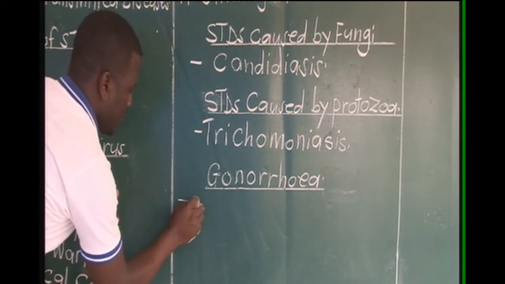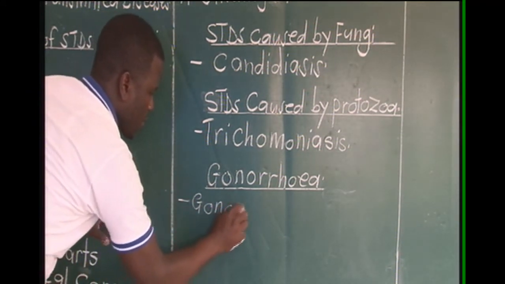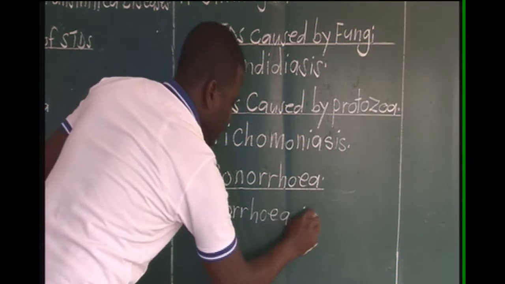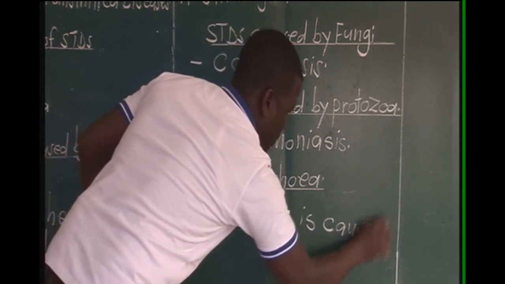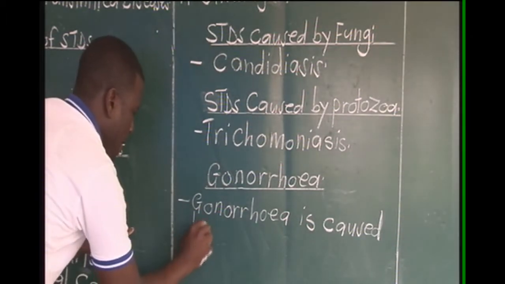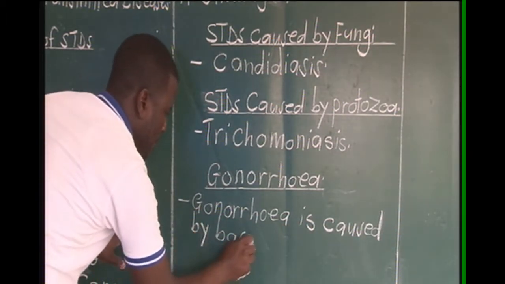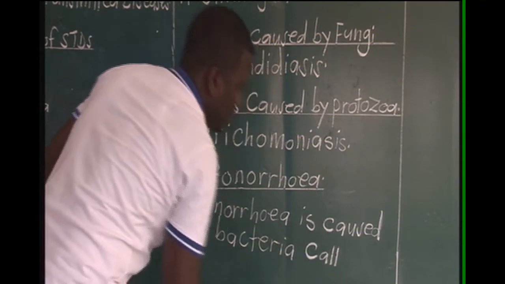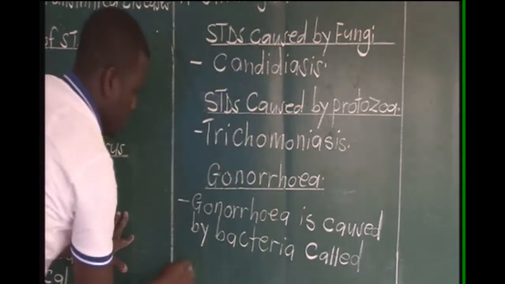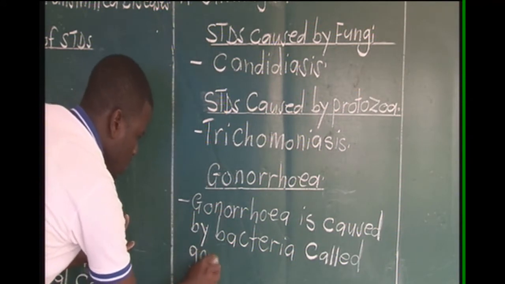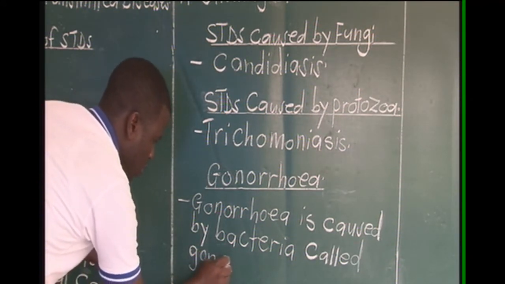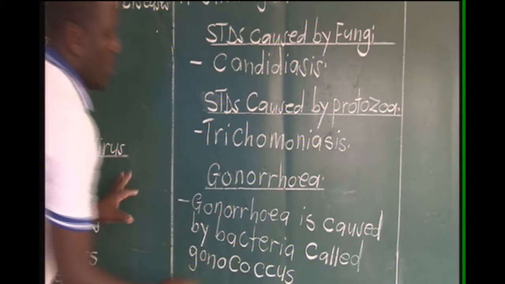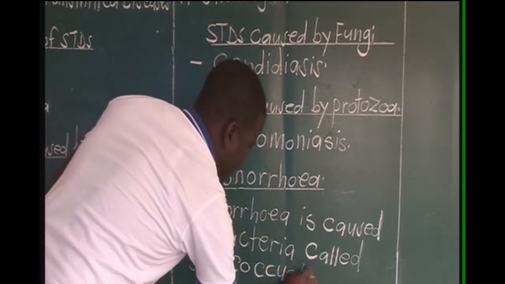Gonorrhea is caused by bacteria called gonococcus, or you can also call it gonococci.